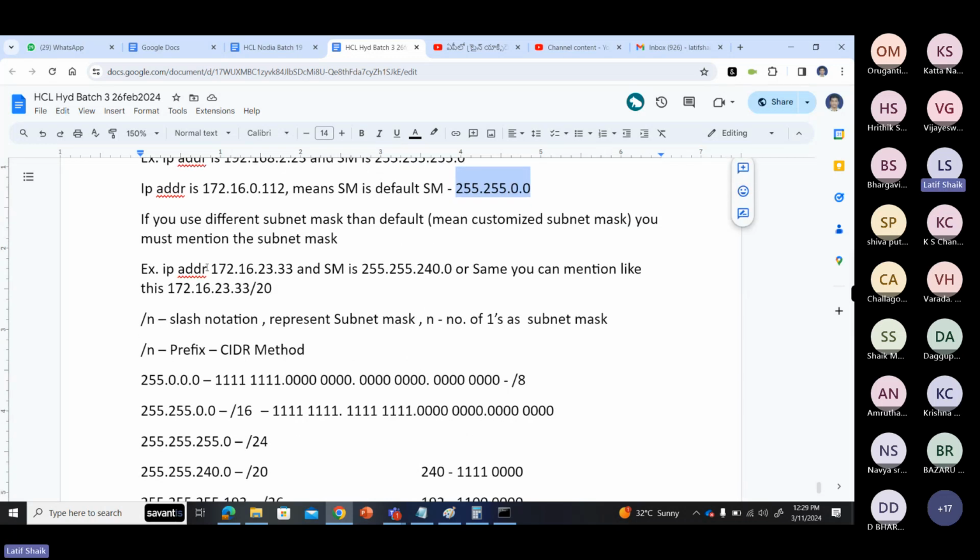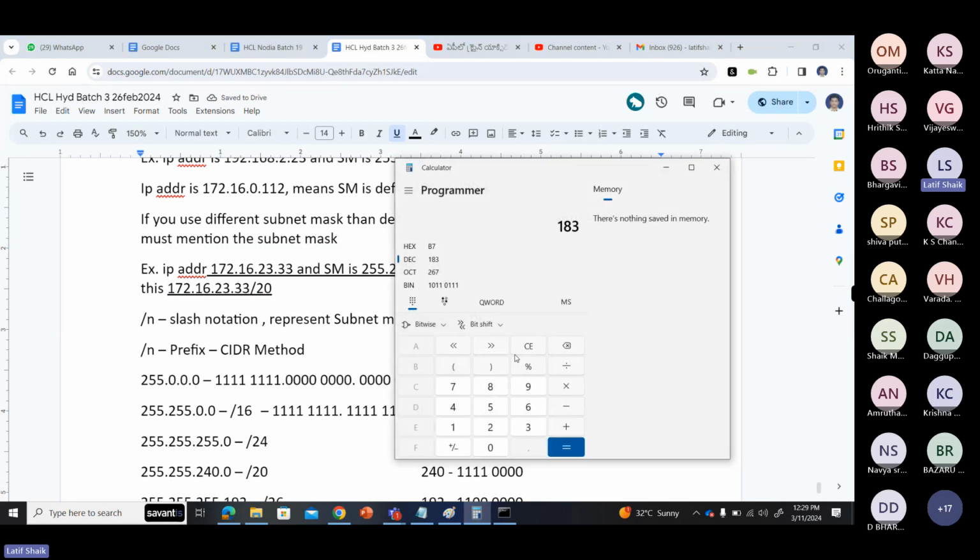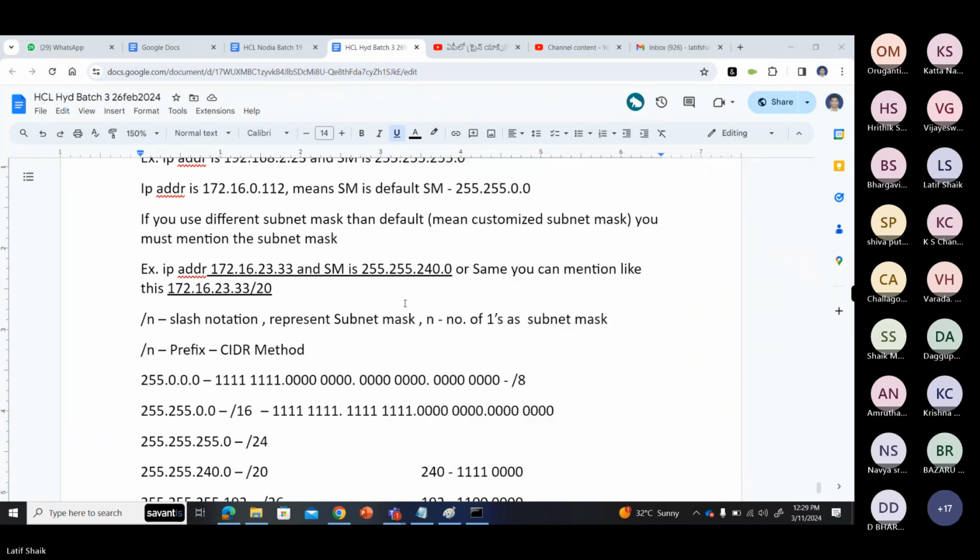So this is my IP address and I have a different subnet mask. You can mention it like this or like this. Both are the same.